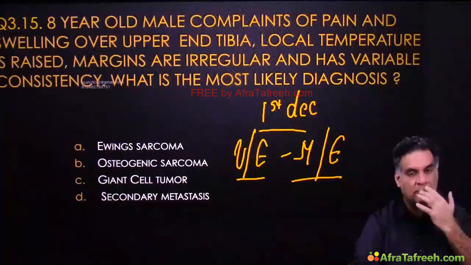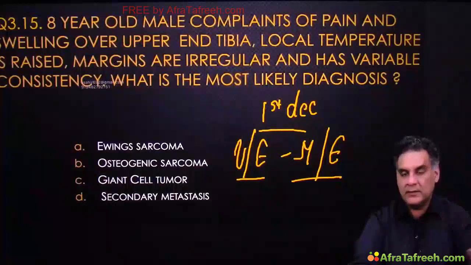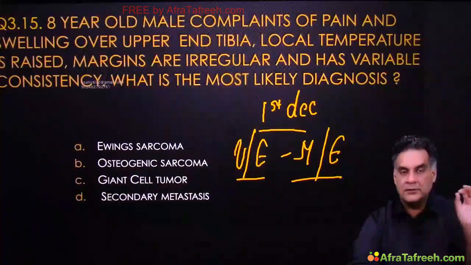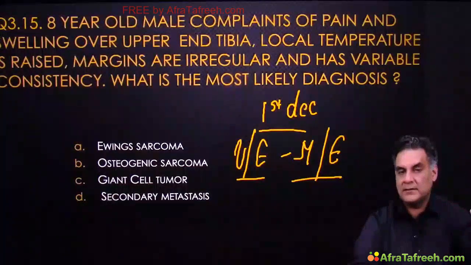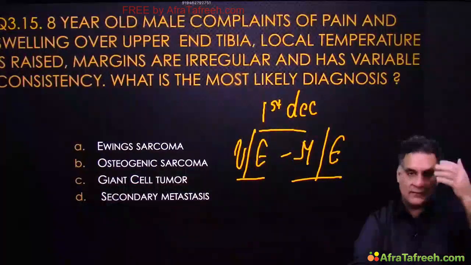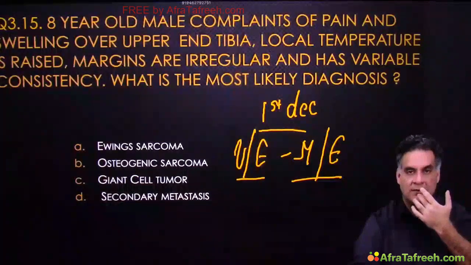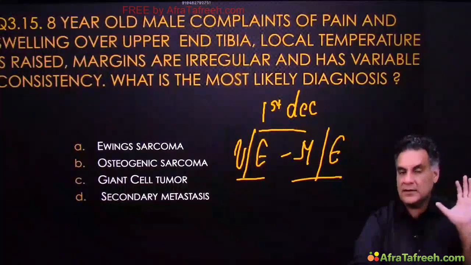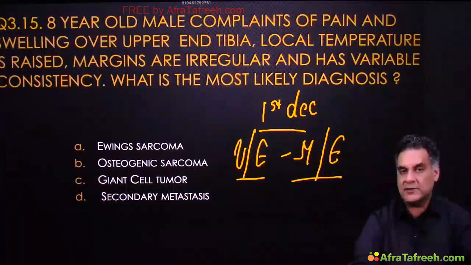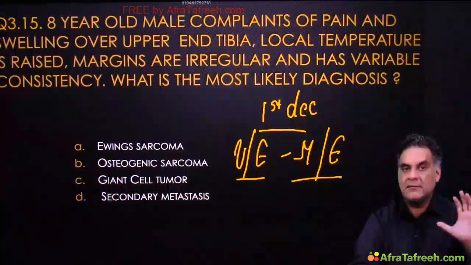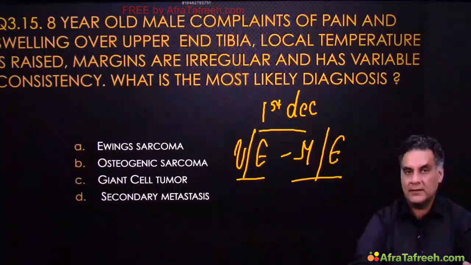Hard, firm, soft. A benign tumor has uniform consistency, one component. Whereas a malignant tumor is somewhere hard, somewhere firm, somewhere soft, because of variable rate of destruction and liquefaction, called variable consistency.